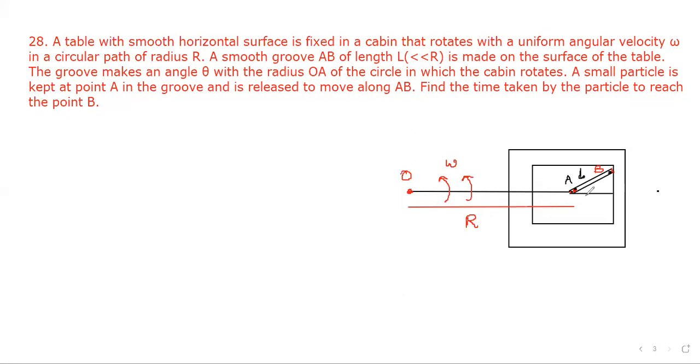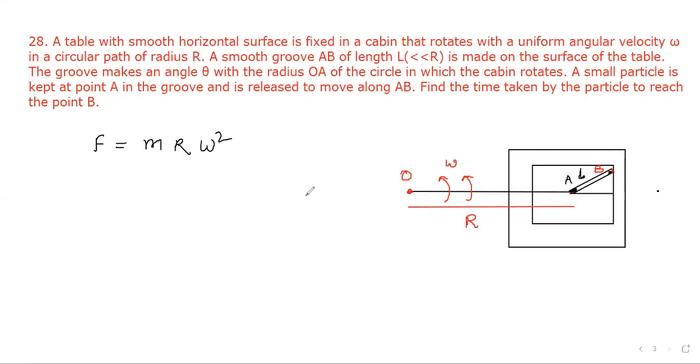So the basic thing is to find the acceleration of this particle. So we know when this cabin rotates, there will be centripetal force and there will be centripetal acceleration also. So let's find out the force on this particle. So force will be equal to m times capital R omega square. Suppose the particle is here.